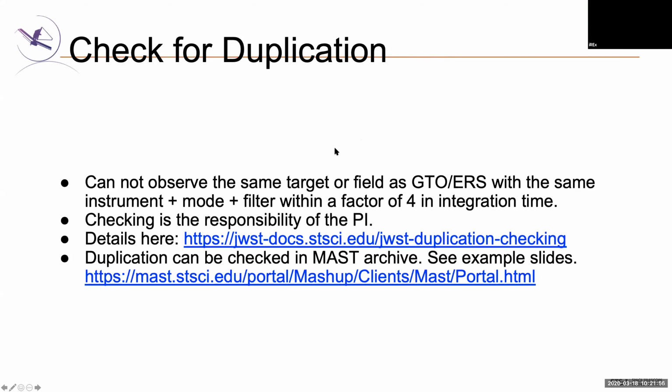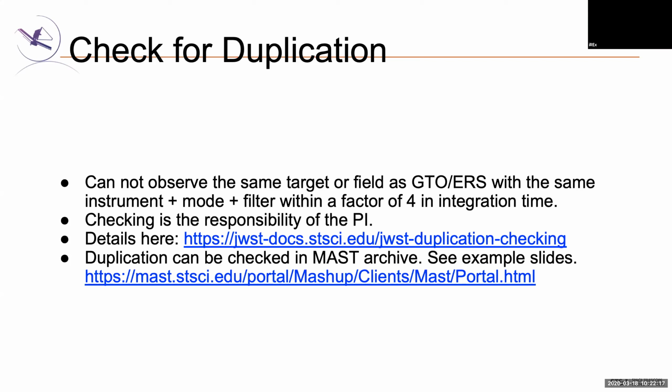Something you'll need to do for your proposal, and mention it in the science justification, is check for duplication. The GTO teams and the ERS have observations out there, and you need to make sure that you're not observing the same target.